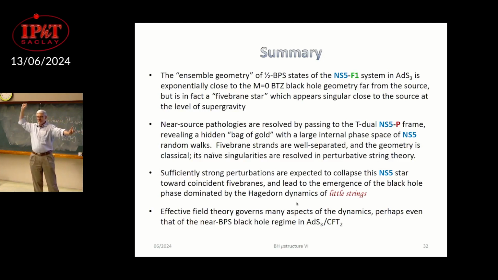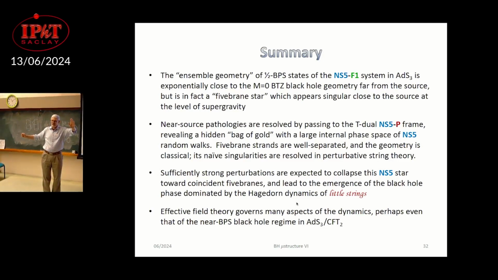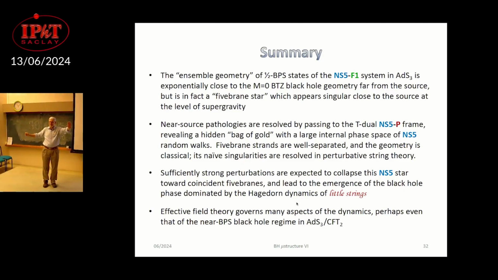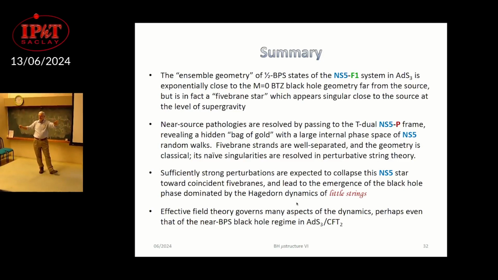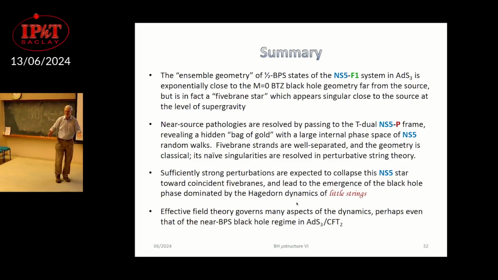And so when you select it from the thermal atmosphere, you select some particular piece of the less excited fivebrane state. And that's how the Hawking process happens in a microscopic theory.